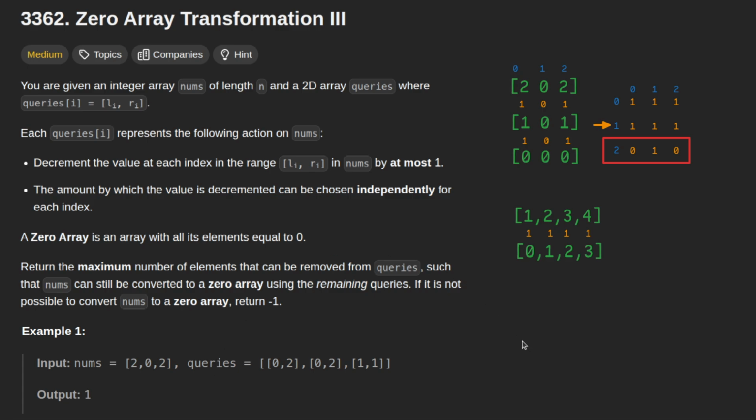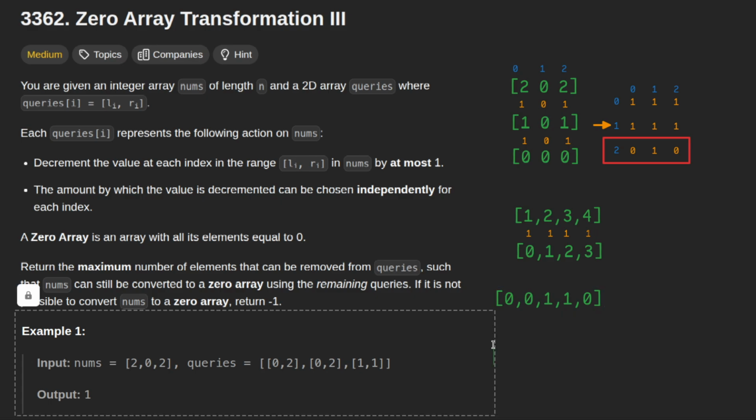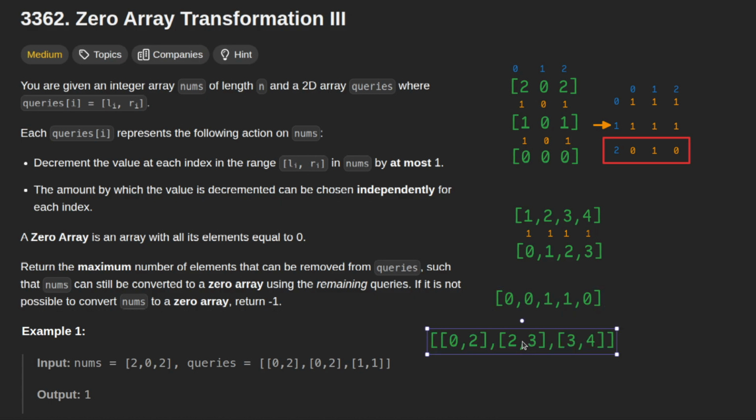So okay, these were the numbers provided to me initially, right? And this was the query that I have been provided. So let us make an array out of it quickly.